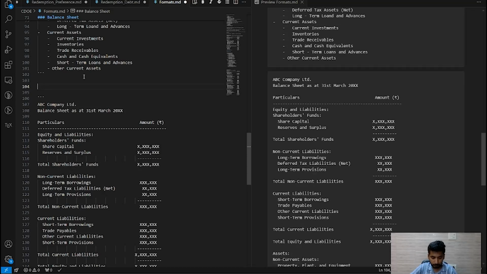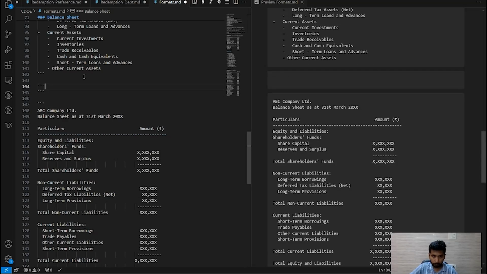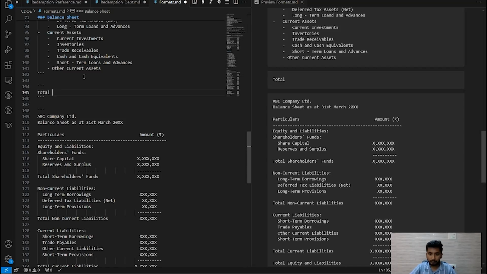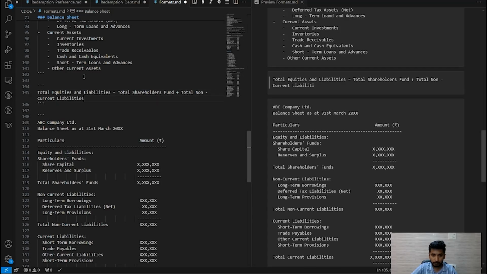Total equities and liabilities is the sum of total shareholders fund and total non-current liabilities and total current liabilities.